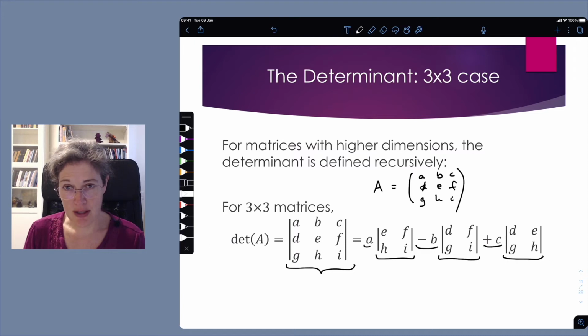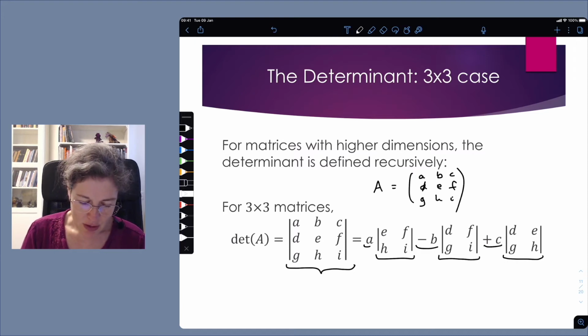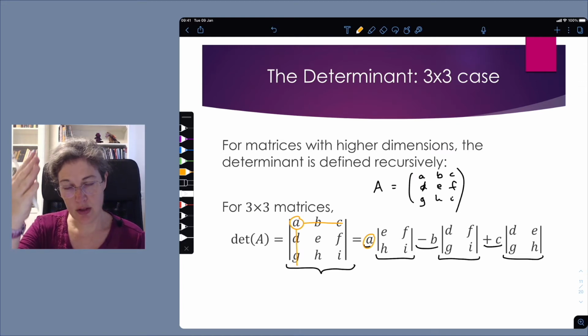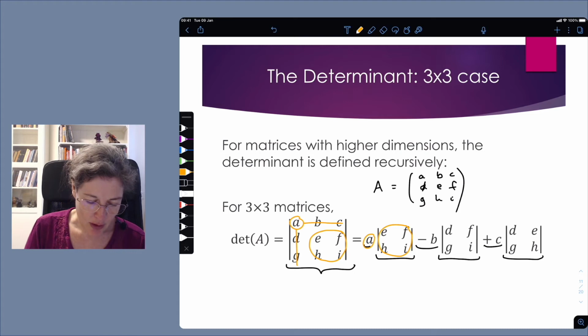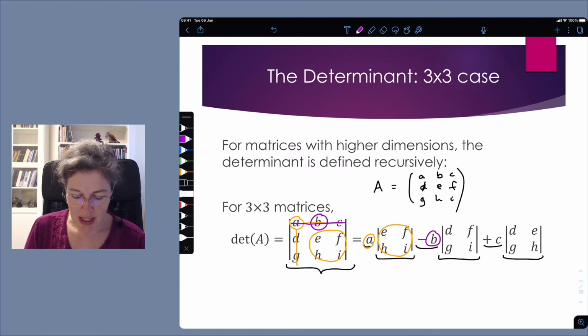Where do those mini determinants come from? Well, the idea is to imagine that, for example, when you're looking at the A term, you ignore everything in the first row and the first column, the column that A belongs to and the row that A belongs to, and you take the determinant of what's left. Now if you're going to work out the B value, you ignore everything in the same row as B and also the same column as B. So what you've got left is DG and FI.